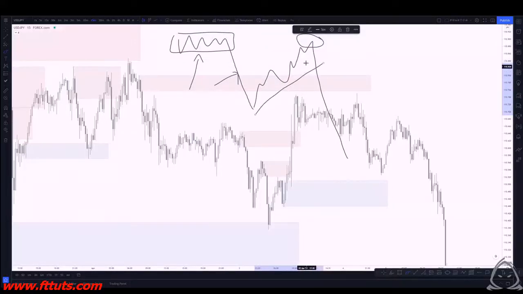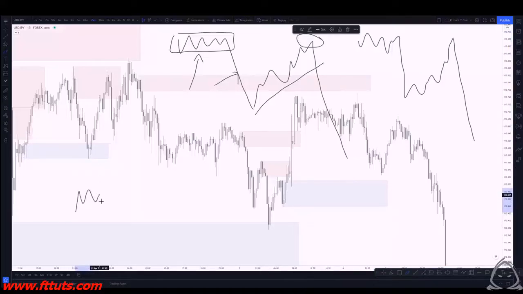And then, like I had said, we're looking for how price returns to that zone. Generally speaking, we're looking for some sort of corrective nature back into it, some sort of rounded move into it, but we're trying to be a little bit more cautious with something that's just pure momentum back into the zone in question.